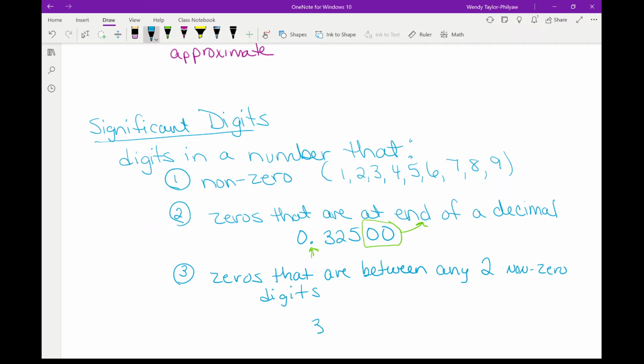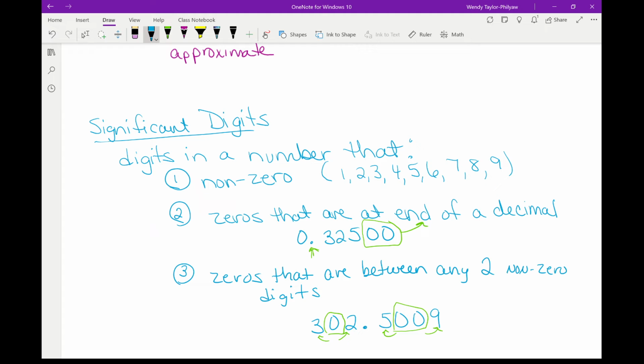And by that we mean if we have something like 302.5009. This 0 is between this 3 and this 2, so it is significant. Both of these zeros are between this 5 and this 9, so they are significant.